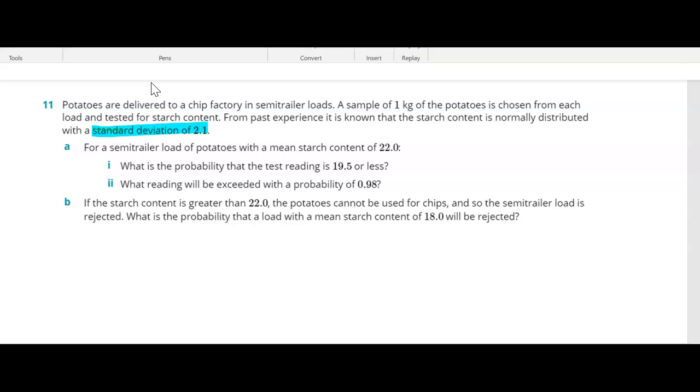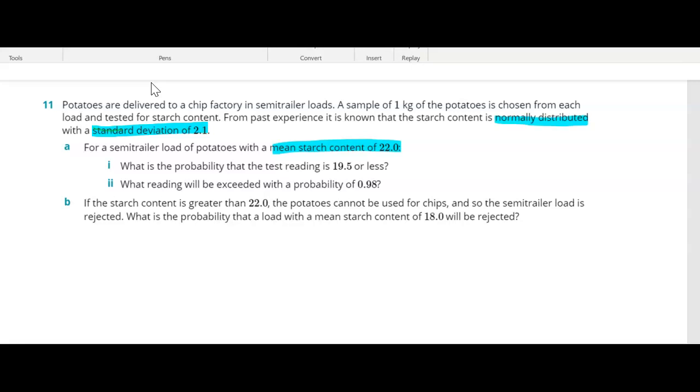All right, so we don't know the mean. So normally distributed for a semi-trailer load of potatoes with a mean starch content. So there's our mean, 22. What is the probability that the test reading is 19.5 or less?